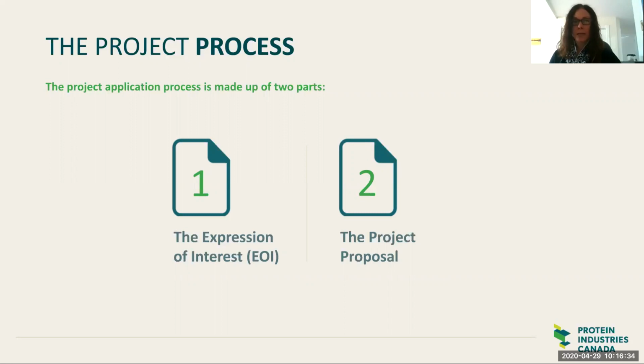We thought this would be an easier way to not pressure people to a certain deadline for everybody to submit to us when they get ready. Once you submit to us, we're going to be reviewing those expressions of interest in groups at set times along the calendar year. Once you submit, we can let you know when the next review date is. And once we review that, we'd be back to you approximately within 4 weeks.